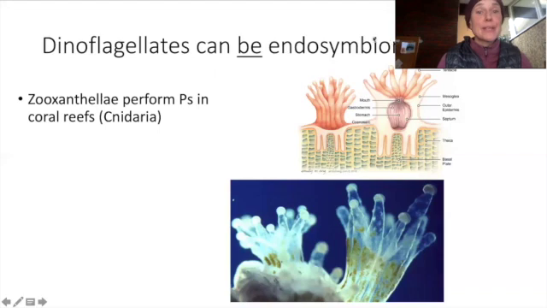What they do is they perform photosynthesis for the corals. Corals can't do that themselves. They're cnidarians. They're related to snails, slugs, octopus, things like that. Diatoms in coral are called zooxanthellae, and they perform the photosynthesis that makes coral reefs such spectacularly productive and diverse ecosystems.